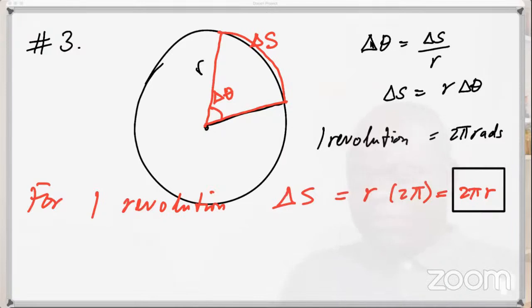So one revolution means the tire rotates once. The linear distance is the circumference, which is 2 pi times r. And since we know the radius here, this is 2 pi times 0.26.